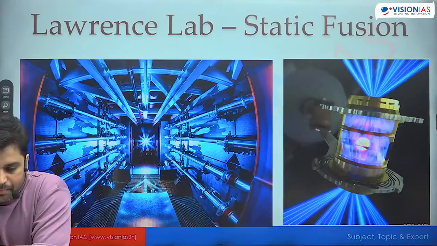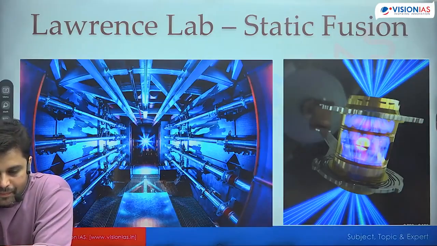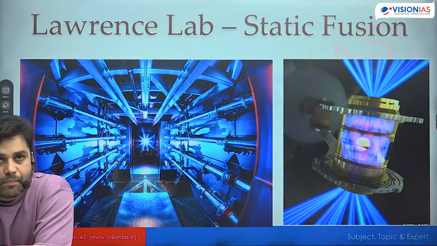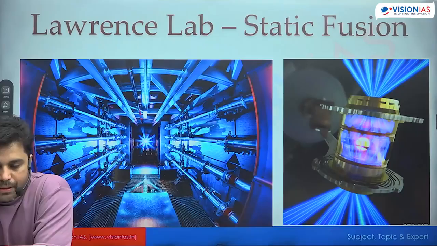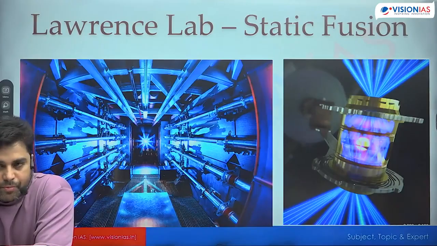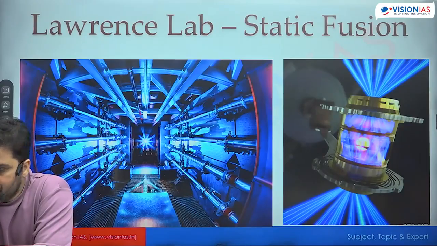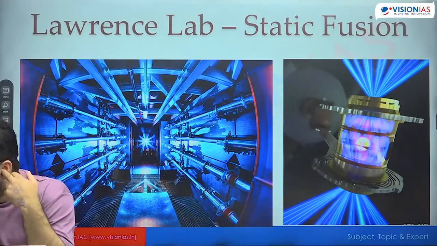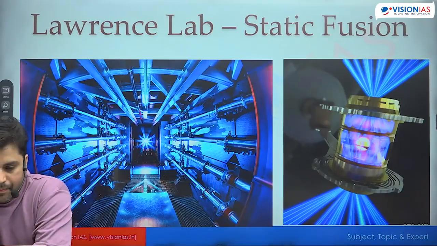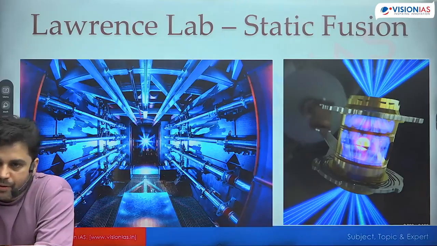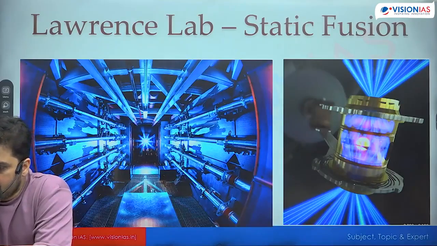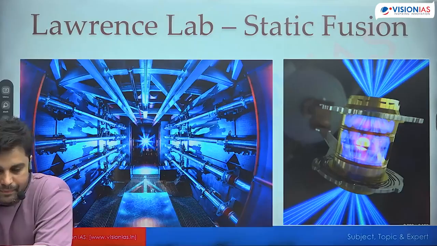It is achieved by compressing and heating small pellets of fusion fuel, again the same, deuterium and tritium, bracket में लिख सकते हो, deuterium and tritium, small pellets of fusion fuel, using intense energy from laser beams.